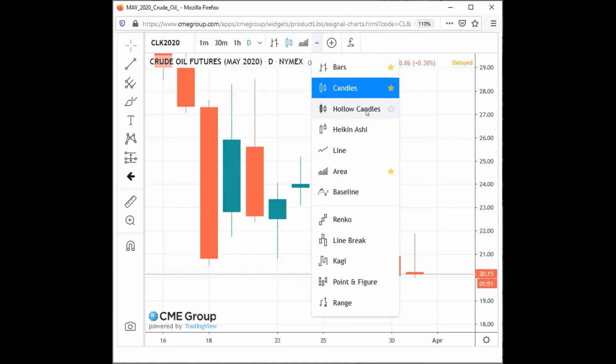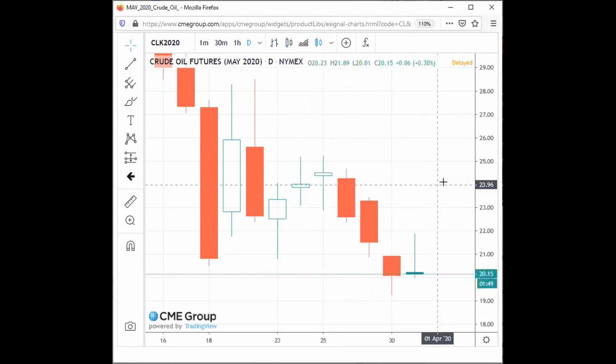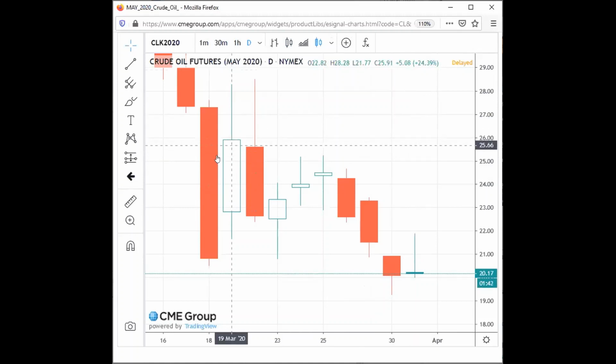is called hollow candle. This is for the time that you are going to print it on a black and white printer. If you have a hollow candle, it means that it's the same as green color, right? So if you have a hollow candle, it means that the trend that day was upward. So the lower part of the candle is open, the top part of the candle is close.